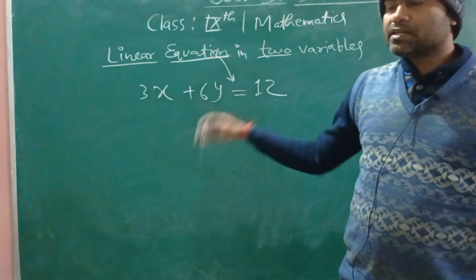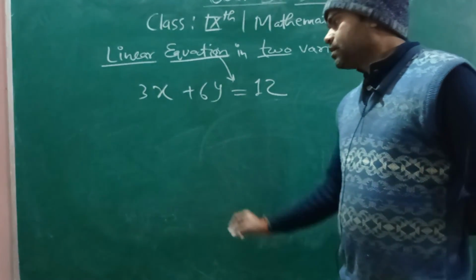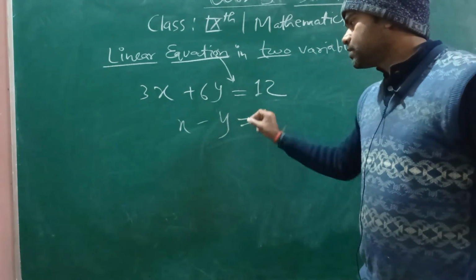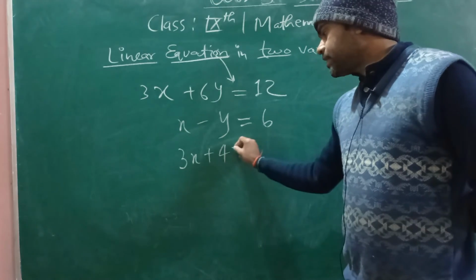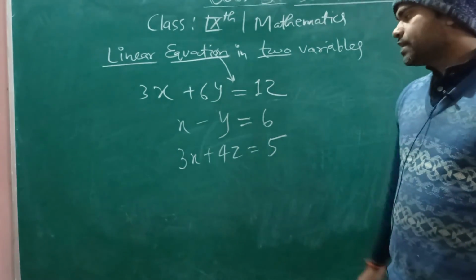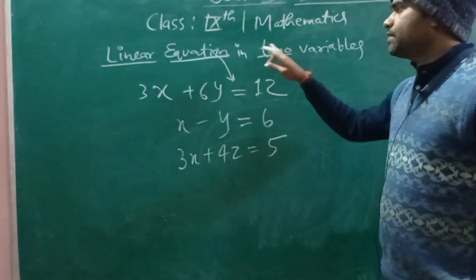Hence, it is an example of linear equation in 2 variables. You may also write x minus y is equal to 6, 3x plus 4z is equal to 5. Here x and z are 2 variables and their power is 1, hence they are linear.